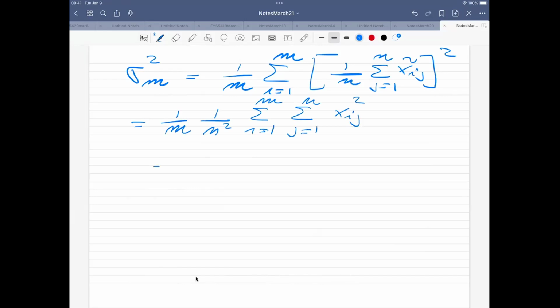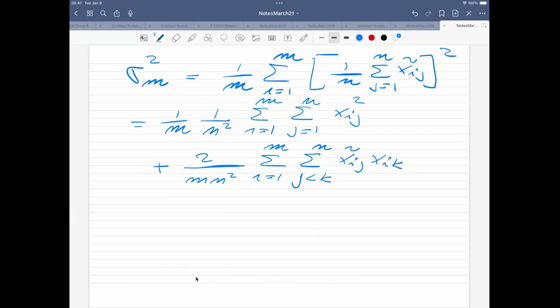But then I can reorder the non-diagonal terms. Since this is going to be symmetric, I can reorder it with a term 2 over n squared. And then I have a sum over i equal 1 up to m, and now I have a double sum, but a double sum with a constraint that j is less than k up to n. And then I have my x_ij tilde, x_ik tilde.